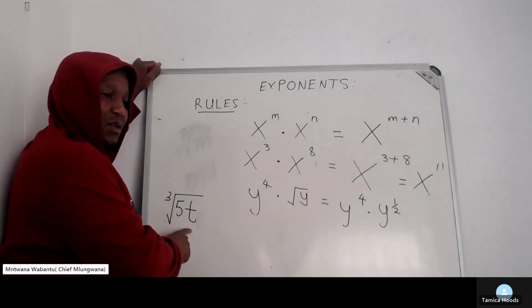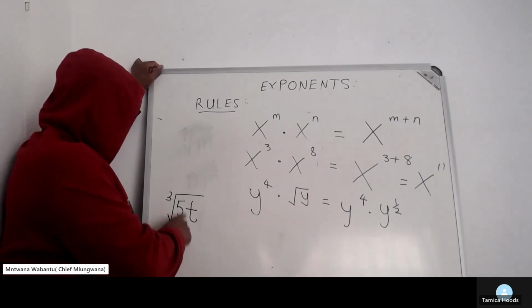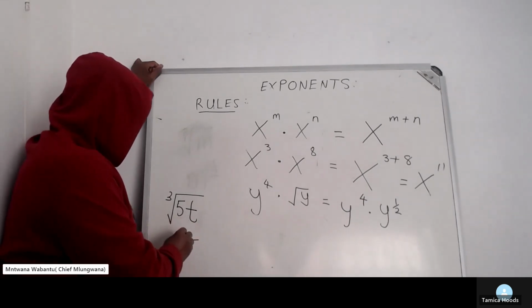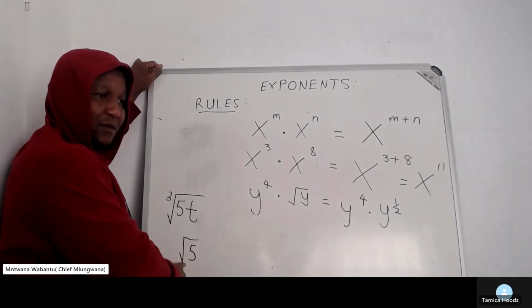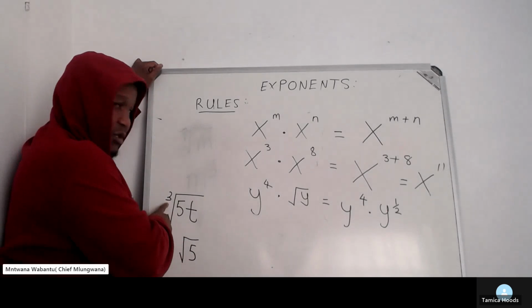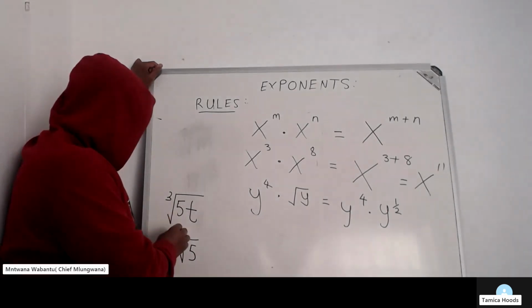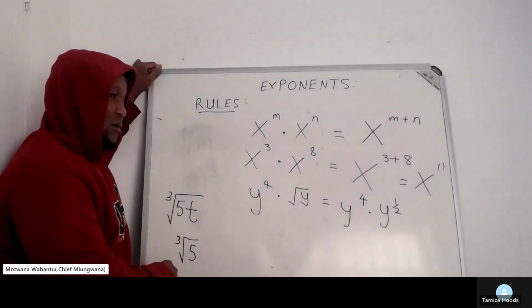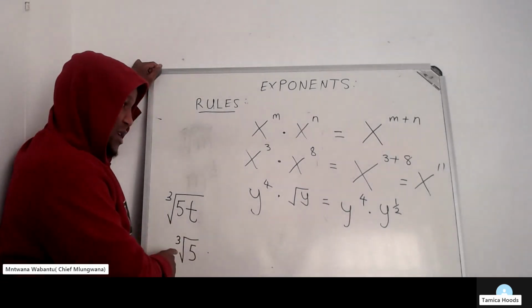The thing I want to change is I have to separate. I'm going to separate this 5 and the root, 5 and the root. And then, look what I do. I'm going to separate first.